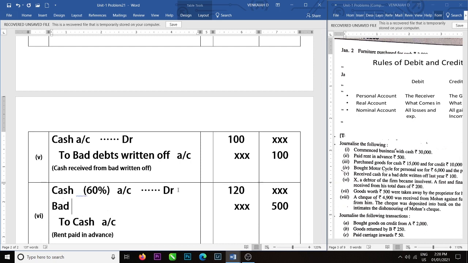Bad debts means which we cannot recover.